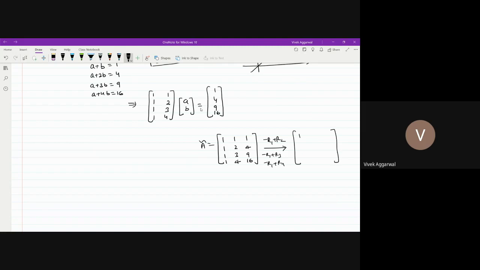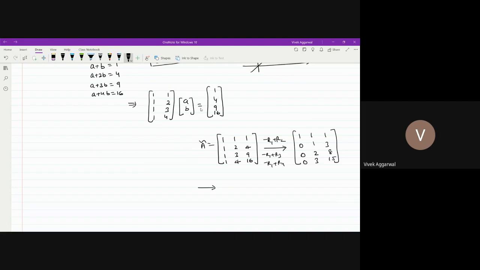Then I'll get 1 1 1, then 0 1 3, then 0 2 8, and 0 3 15. And now I will again apply the row operations.